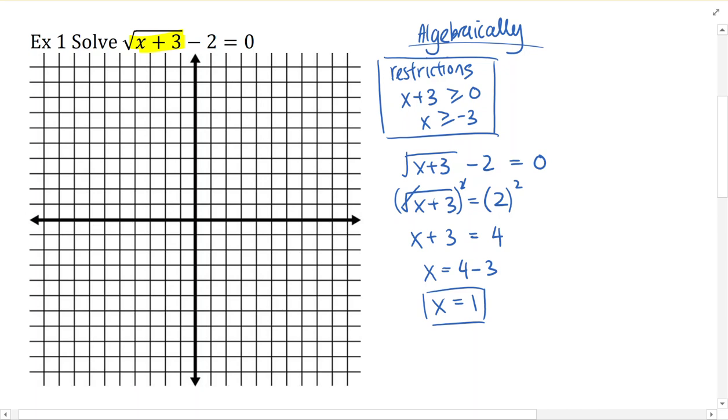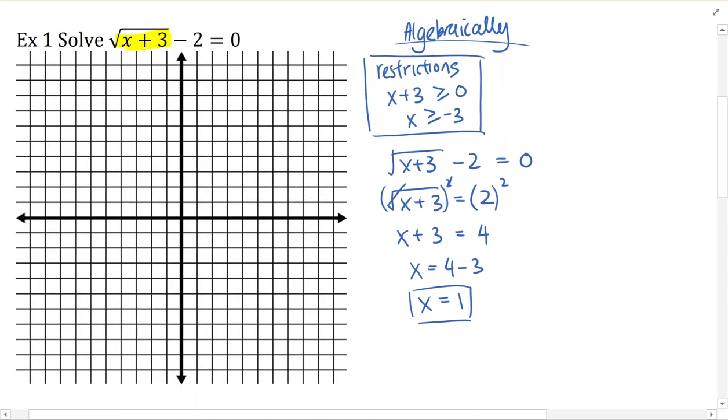But if you recall, we're not done yet because we need to check. To check, we are always going to separate the right side and the left side. Let's calculate the left side first. When we put in x equals 1 in the left side, we basically have root 1 plus 3 minus 2.